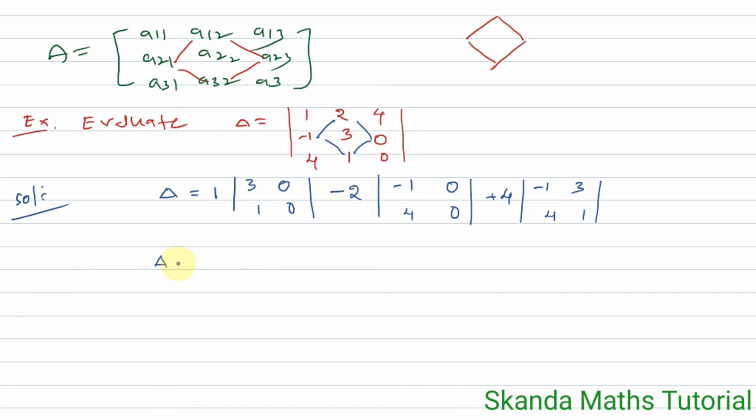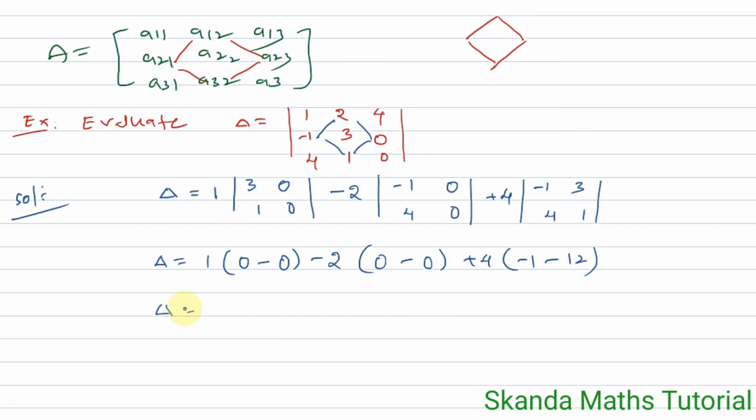So delta is 1 into this value, 3 into 0 minus 0, this 2 by 2 determinant, minus 2 into minus 1 into 0 minus 4 into 0, plus 4 into minus 1 into 1 minus 4 into 3, which is 12.